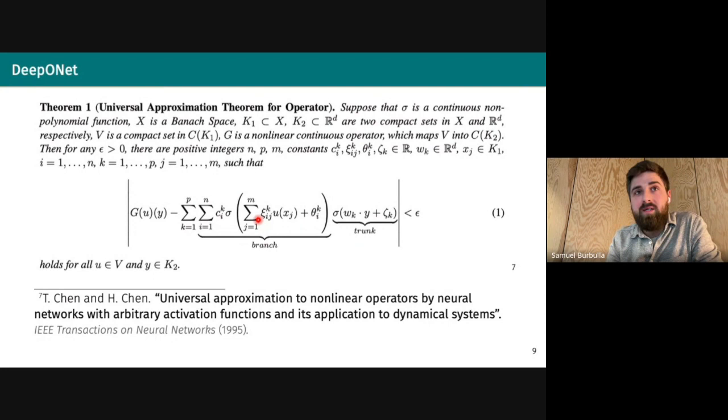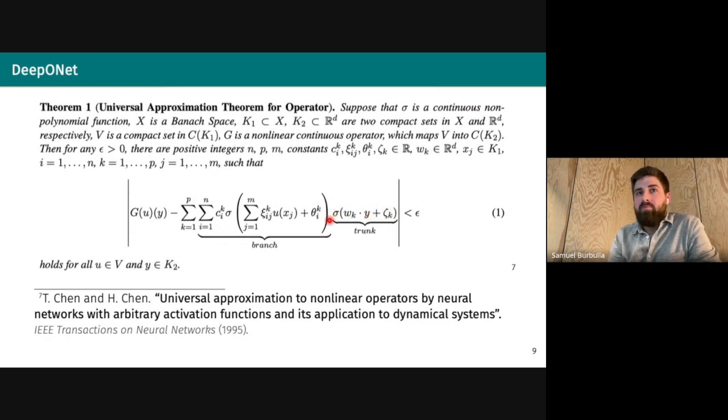For instance, here in the first part, we have these function evaluations at the finite set of x's. And then we have a linear map. So it's a linear layer and an activation function applied to it. We multiply some constant, okay. And the second part is also a linear map in y here, also with an activation function.